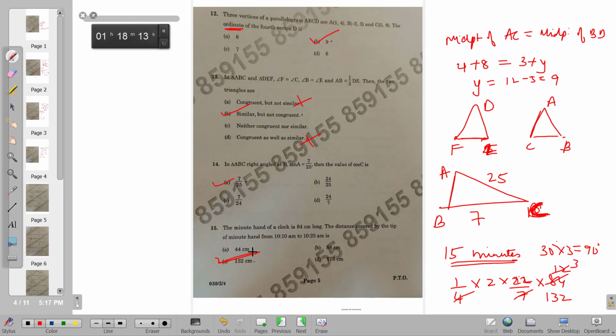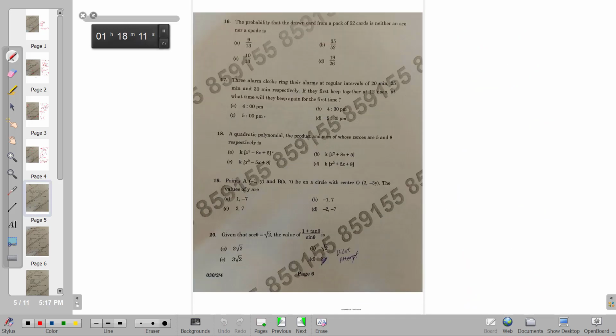All right, the next one. Probability that the drawn card from a pack of 52 cards is neither an ace nor a spade. We do not want aces or spades. First, let's remove spades. When we remove spades, 13 cards are removed. Already one ace is counted here, so we are removing 3 more aces. So 16 cards are removed from 52 cards.